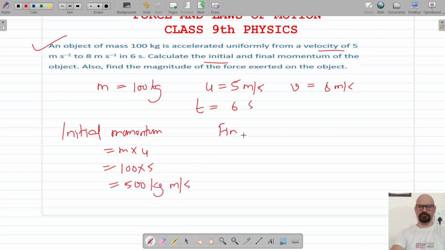Then the final momentum is mass into velocity, that is 100 into v, that is 8. So this is 800 kg meter per second. This is the initial and the final momentum.